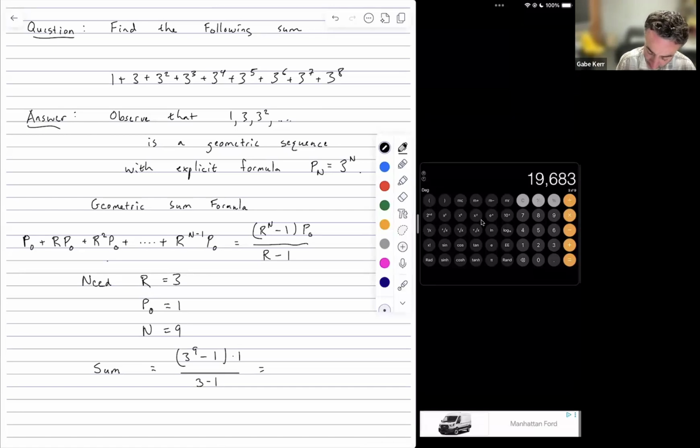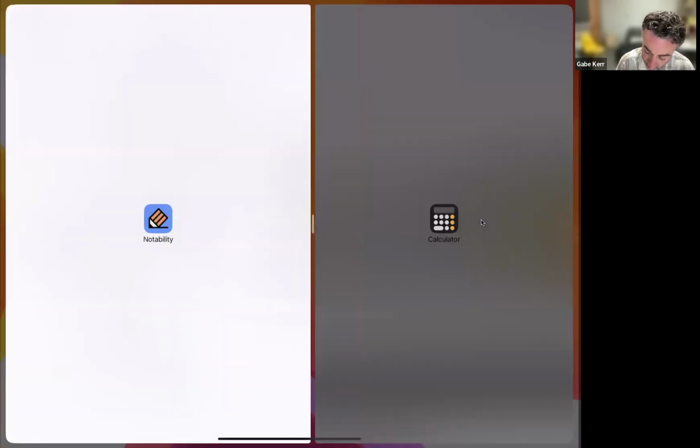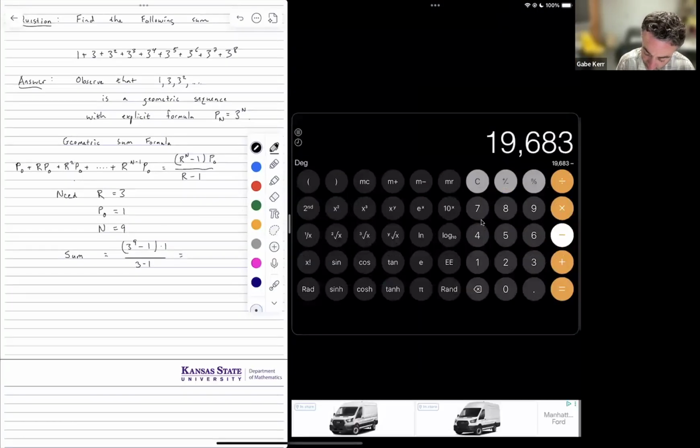And that will give me the numerator, but I can actually subtract off 1 from that, so let's do that. Minus 1, that will equal this value, and then I will divide by the denominator, which is 3 minus 1, or 2.